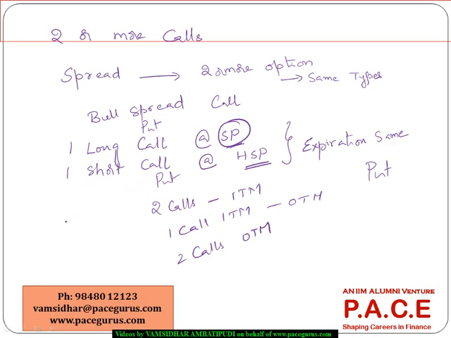But what is going to happen in this case is, for the put option, as the strike price increases, the option price also increases. So I'm shorting the higher strike price one, which means there is going to be a cash inflow for me in the beginning itself.